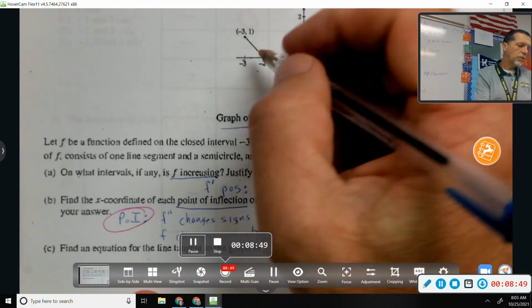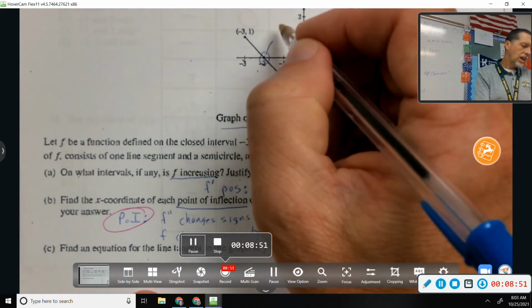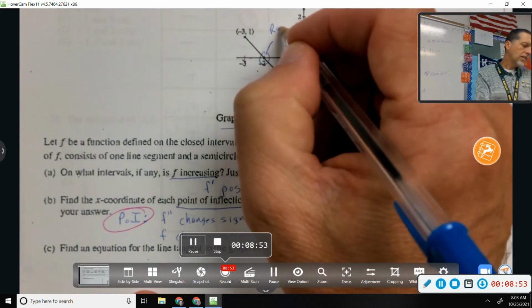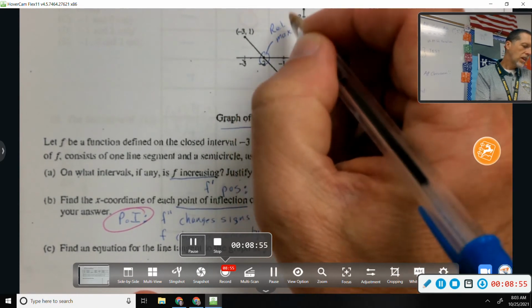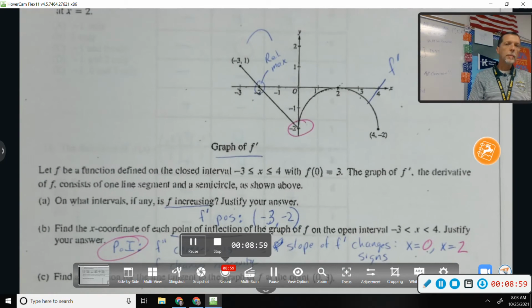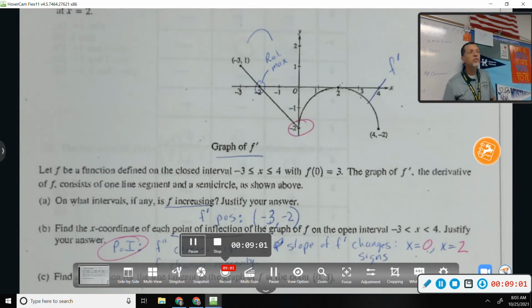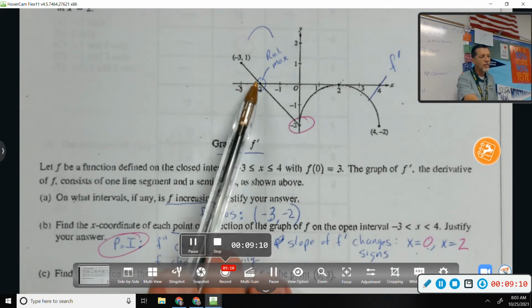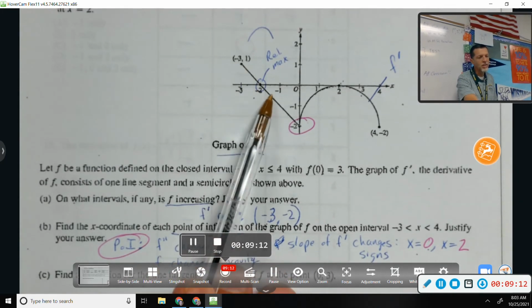So that would make a relative max. f prime changes from positive to negative. We're looking for where the slope of f prime changes signs. So where f prime changes from increasing to decreasing or decreasing to increasing. Right there, f prime is decreasing, decreasing.